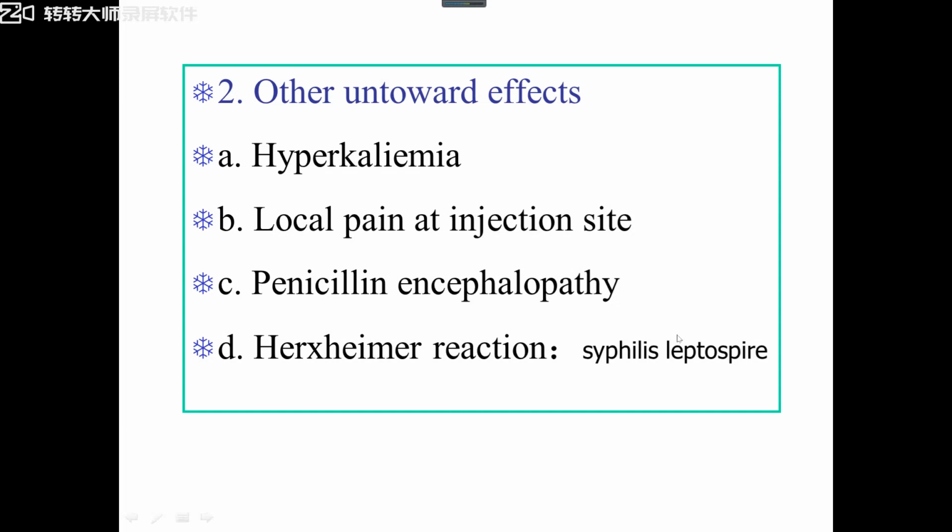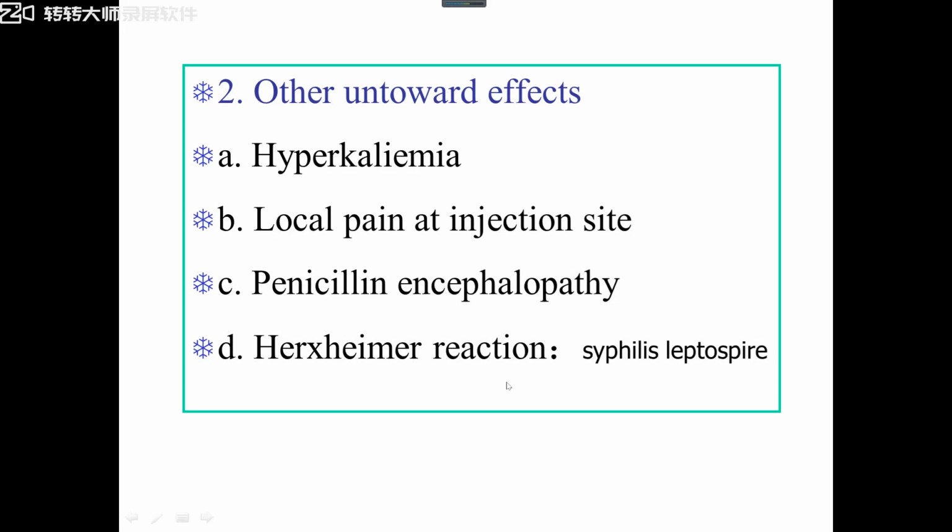The reason is that penicillin G is too powerful: in treating syphilis, before the spirochetes died they released lots of endotoxin, so it induces this Herxheimer reaction. So for this reason, when we treat syphilis patients with penicillin G, in the initial stage we should use low doses of penicillin G and then increase the doses because of this adverse reaction.